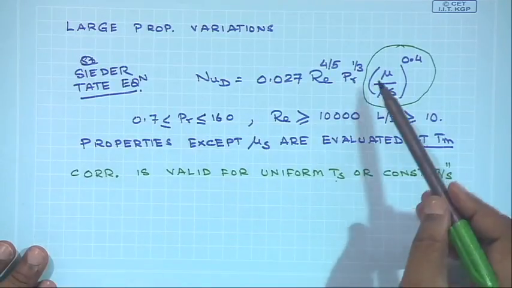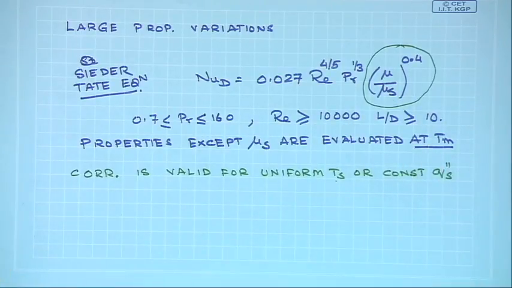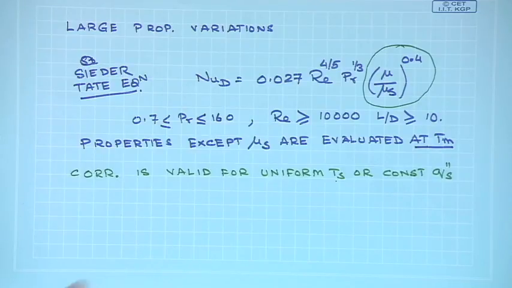Now, whenever you use a correlation, you have to keep in mind that it is not an analytic expression, it is a correlation. So, there will be some error associated with it, but you should always judge a correlation by the ease of its use and how much error it introduces in your final calculation.